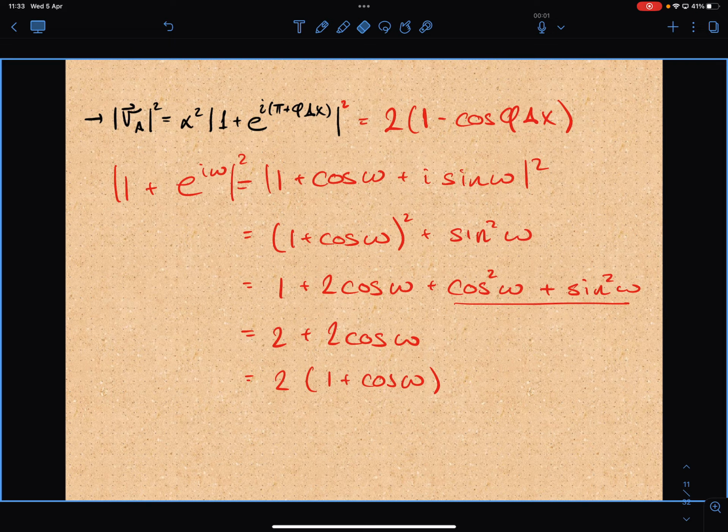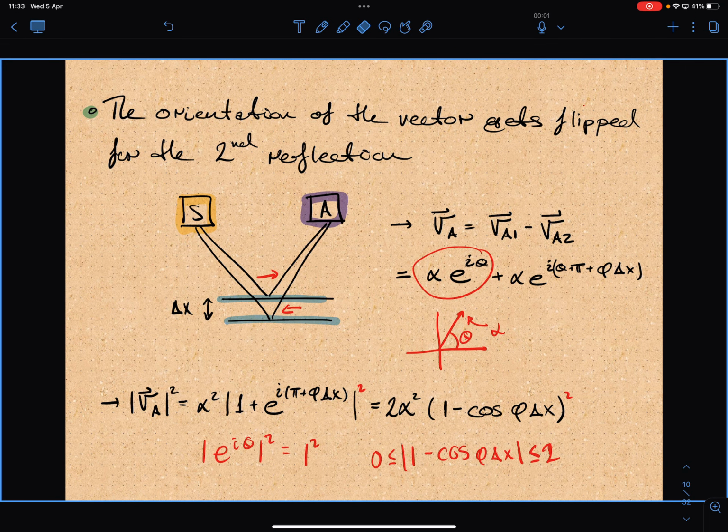You almost got me. Actually, I only asked about the first square, I didn't ask about the second. Yeah, well, I got myself then. So now we see that 1 plus cosine phi delta x, the minimum is 0, and the maximum is 2. So what we get in the end is that the minimum of the norm squared is going to be 0, and the maximum is going to be 4 alpha squared.